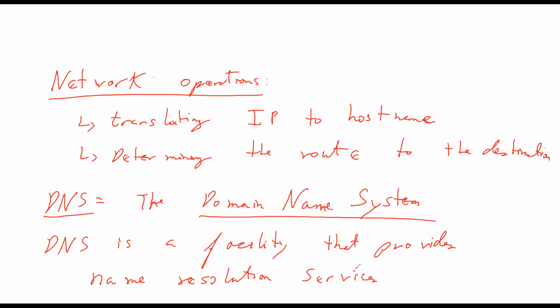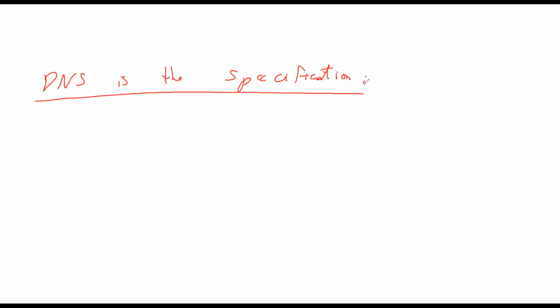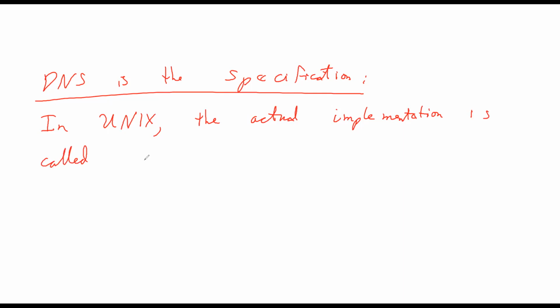DNS is the specification of services that need to exist and how they need to operate, associated with port numbers, etc. In Unix, the actual implementation is called BIND.